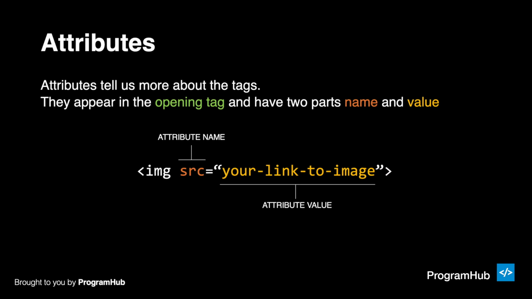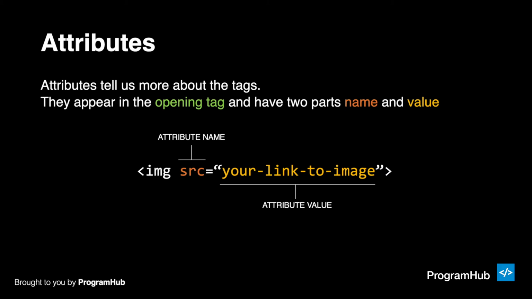As the name itself suggests, attribute name stands for the name of the attribute, and src over here stands for source, and the attribute value is the value corresponding to the source.